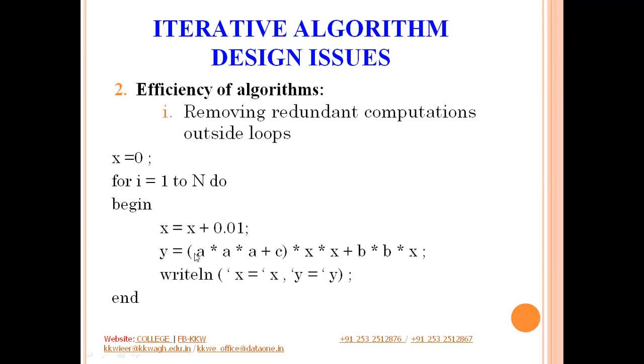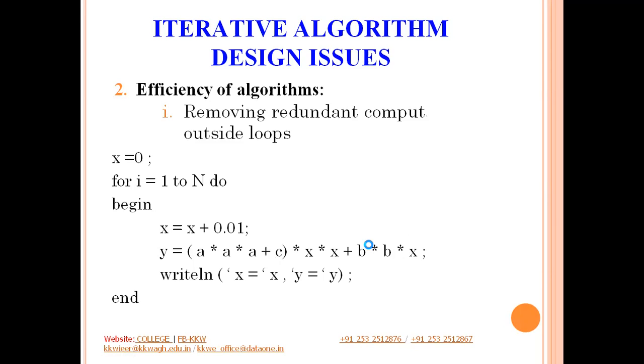If you take this entire expression and initialize it in some variable outside the loop, much of the computation would be reduced. Similarly, this part involves a variable b, which is not involved anywhere inside the loop. So this b into b also you can initialize in a variable outside the loop.